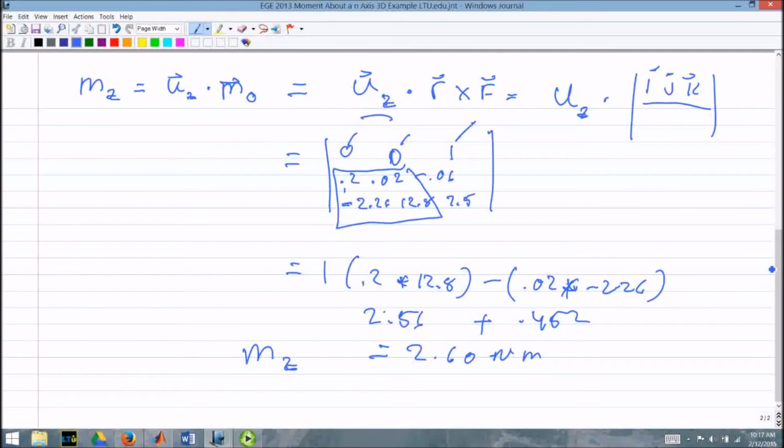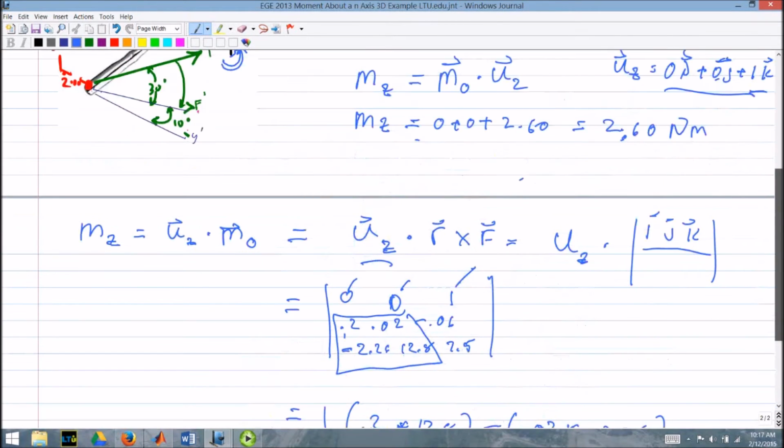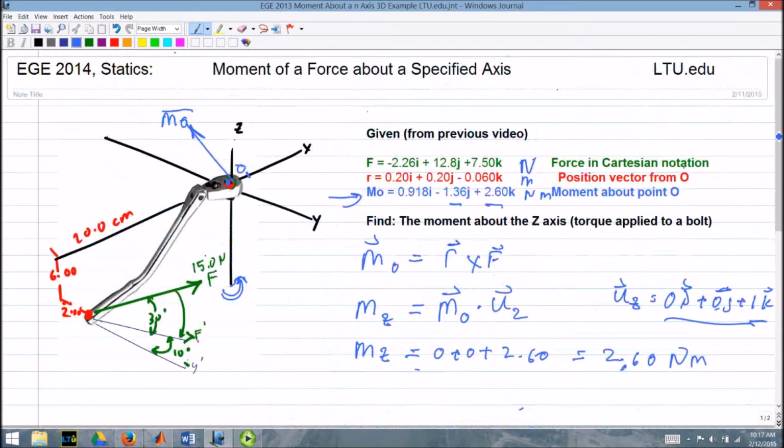So that works out. Now let's look at this problem a different way, kind of work it backwards. Suppose I don't know the magnitude of the force, I know the direction, and I want to find the force required to give me that 2.60 Newton meters moment about that z-axis.